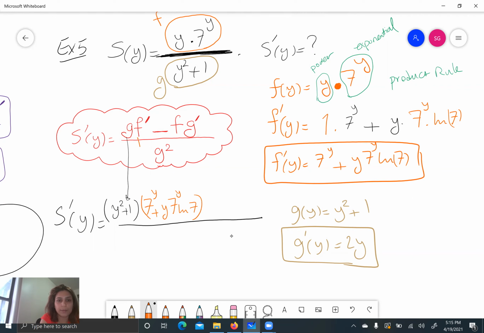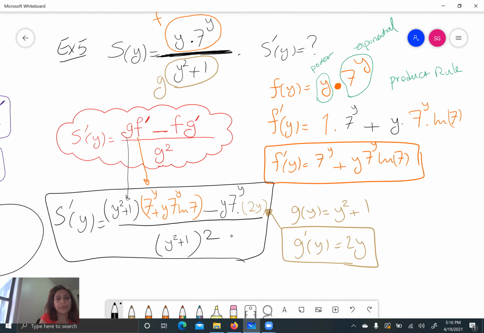So f prime is right here, minus f times 7 to the y times g prime. G prime is right here, 2y. This is g prime. Over g squared. G is y squared plus 1, squared. You can leave your answer like this, or you can simplify further, but that's it.